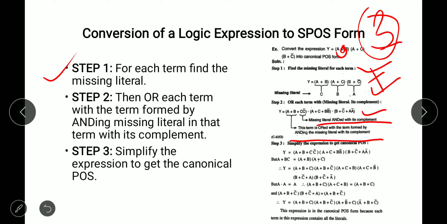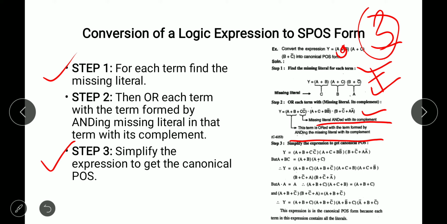Now the third step is: simplify the expression to get the canonical POS.